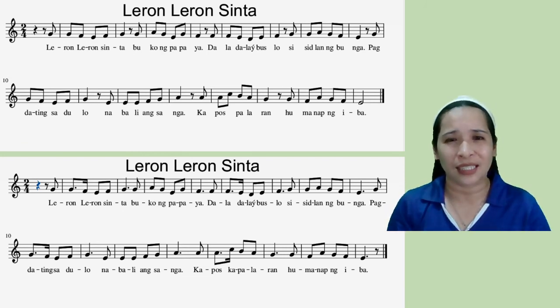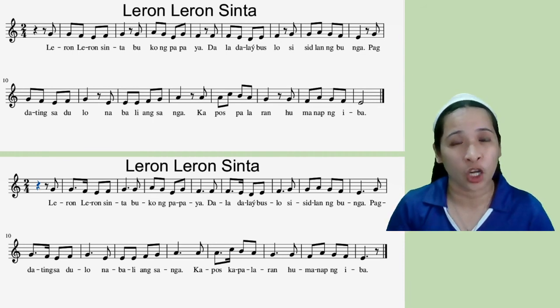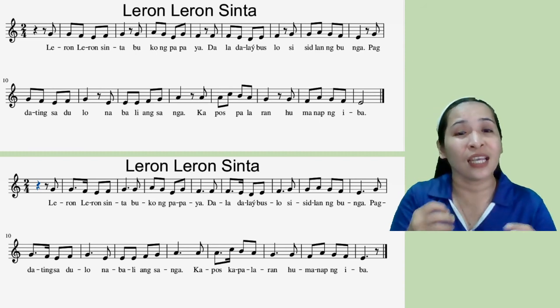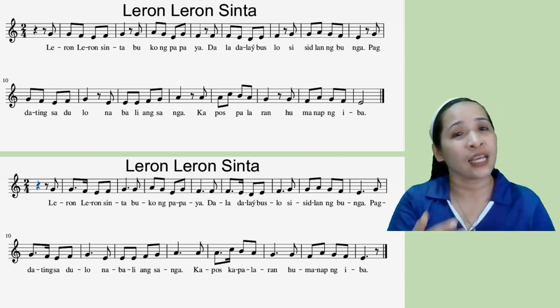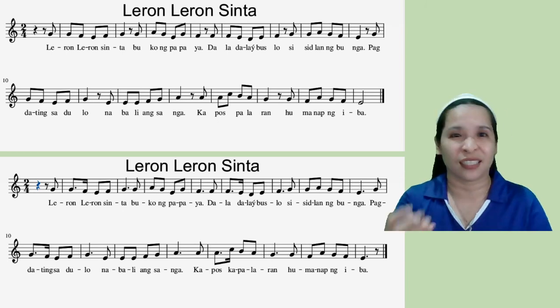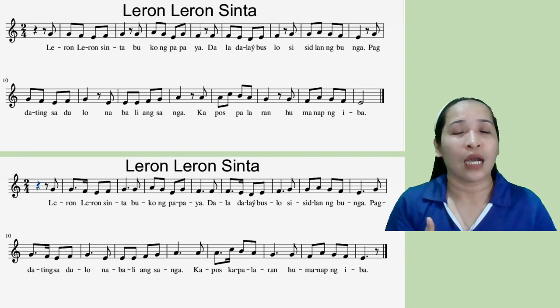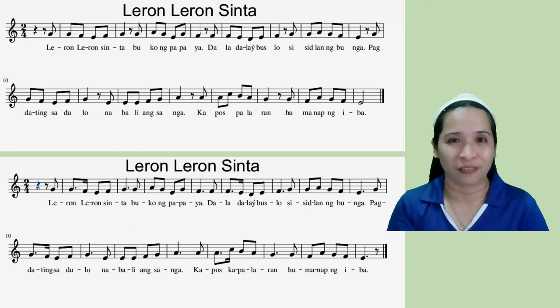Personally, I like the lower arrangement because it emphasizes the lyrics, because leron, leron sinta, while on the upper arrangement, leron, leron, sinta. For me, it's kind of monotone. So the lower arrangement adds more expression or more feeling to the song.